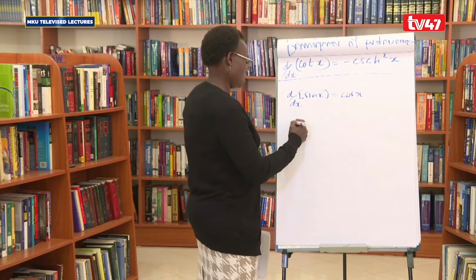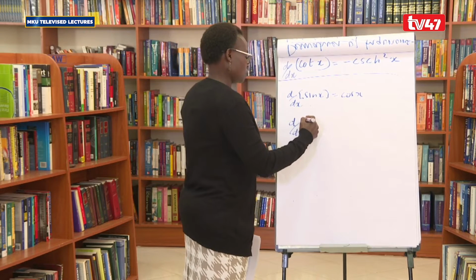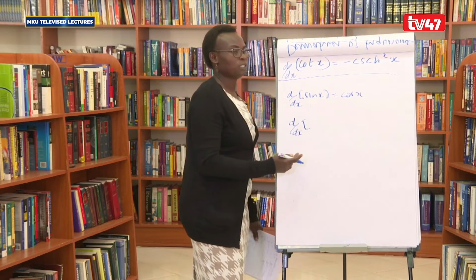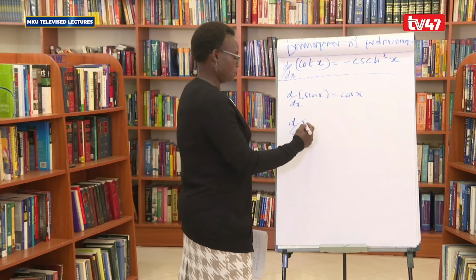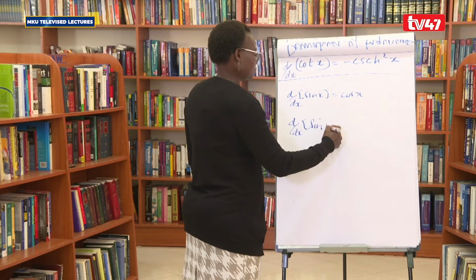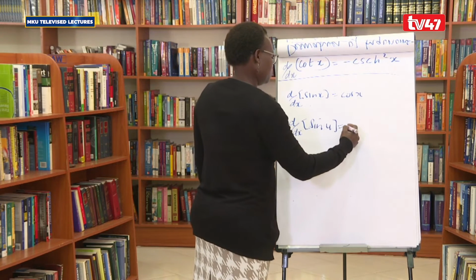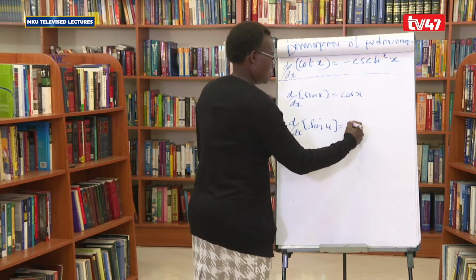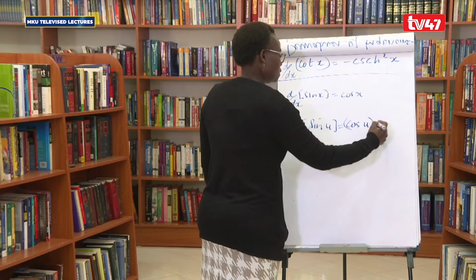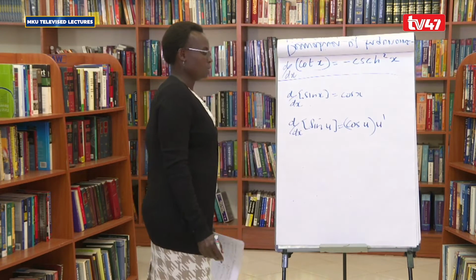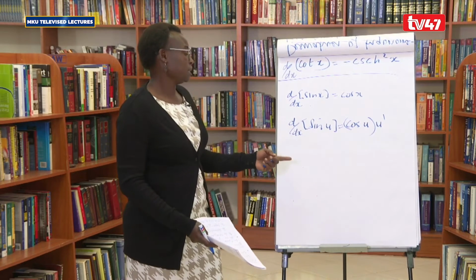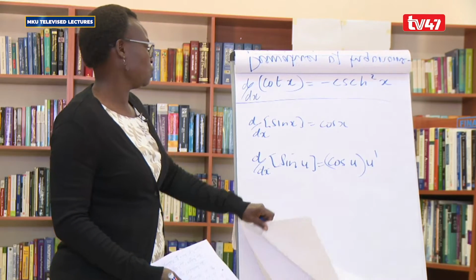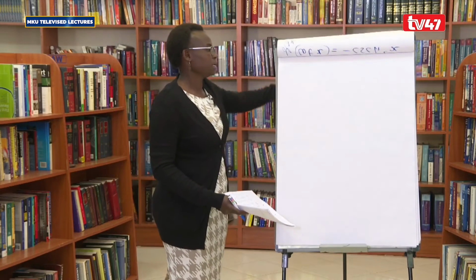So if we introduce a variable u, which is a differentiable function of x, then we can say the derivative of sine u is cos u times u bar, and for cos u it is negative sine u times u bar.